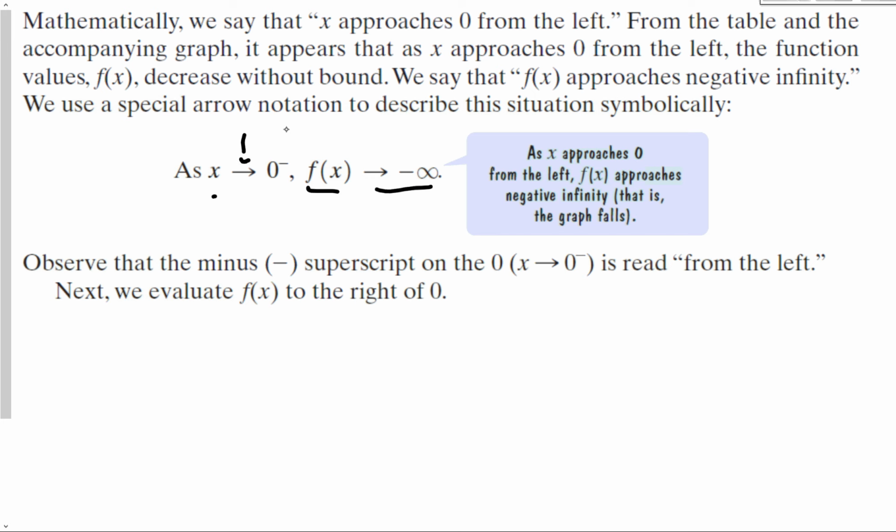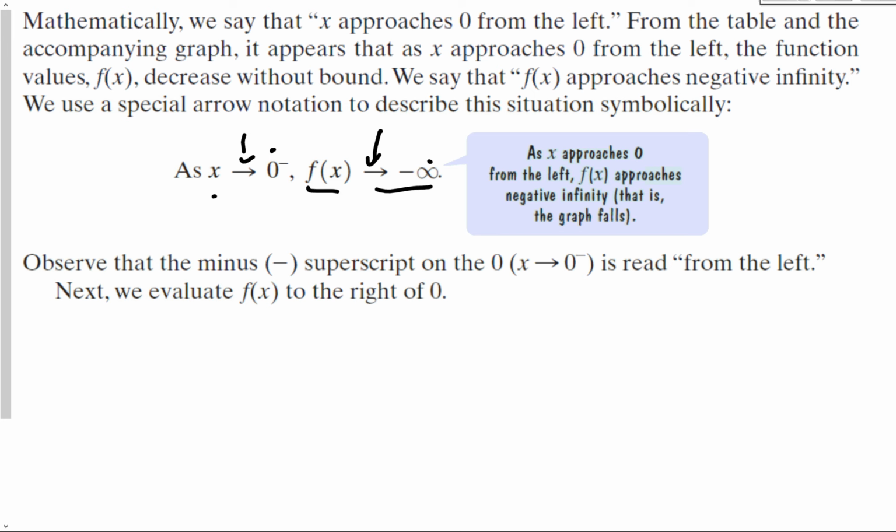So these arrows mean approach. They tell you where you're going. Observe that the minus superscript on the 0 is read as from the left, not 0 to a negative power. We read it as x approaches 0 from the left.